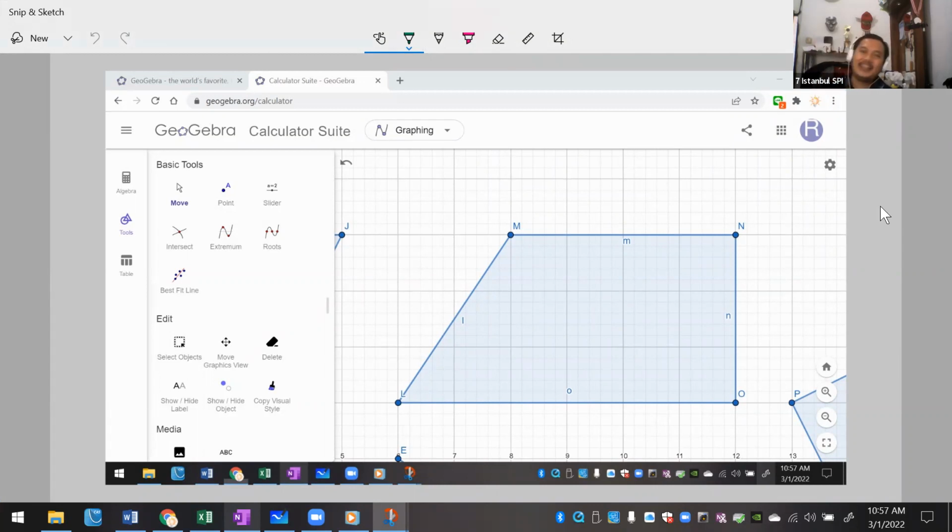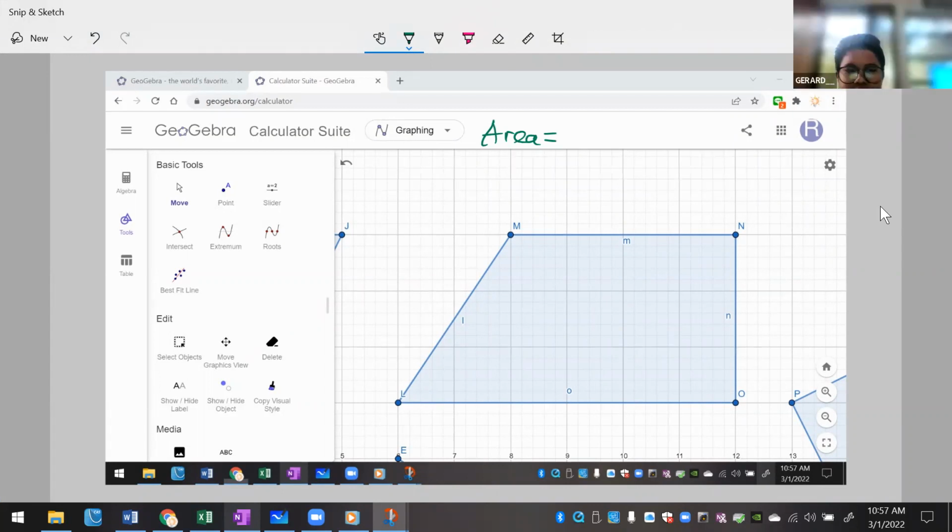Oke, silakan ada yang bisa bantu saya. What is the formula of the area of a trapezoid? Saya mau coba dong. Ya, silakan. Bentar. Okay, I'm gonna write down. This is A, this is B. Oke, aku tahu. Right?